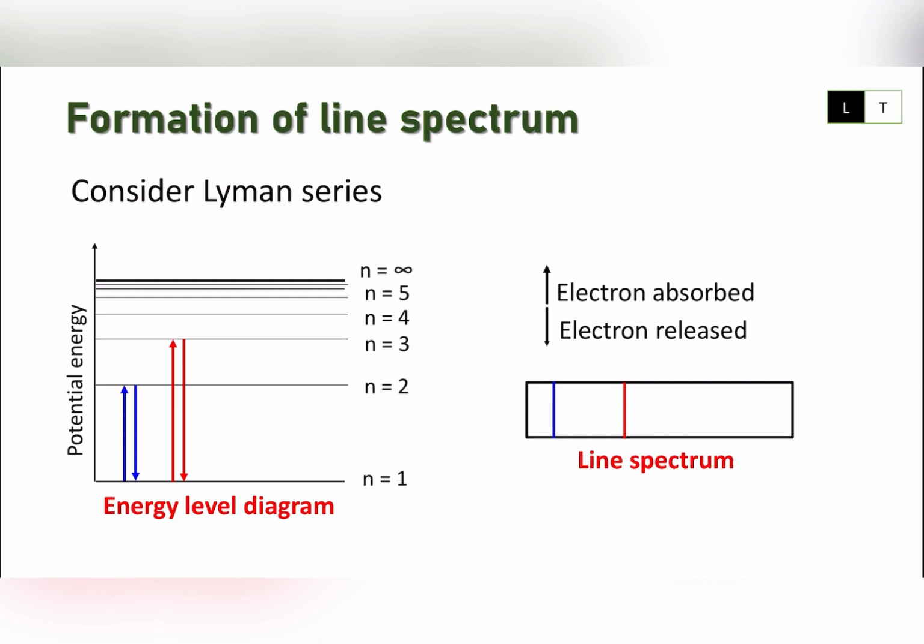Next, you have the third transition, the green one. For example, I have n equals 1 to n equals 4. It will fall back down to the lower energy state once it is unstable at this higher energy level, so you will have the third transition here.